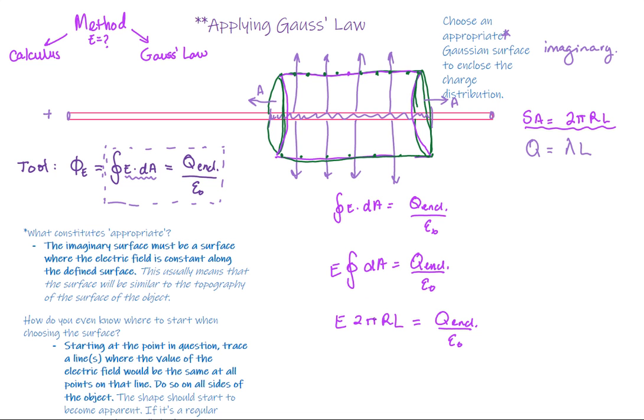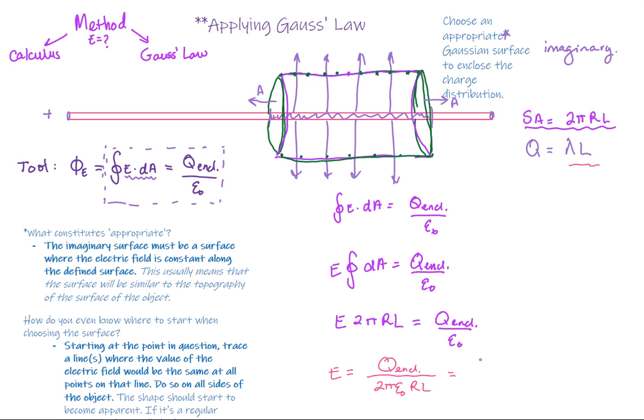The next thing you can do here is stop and isolate E. Okay, so let me go ahead and do that. That would give me E equals Q enclosed over 2 pi epsilon naught times R times L. But what's usually more useful than having this set amount of Q is to put in this expression over here.